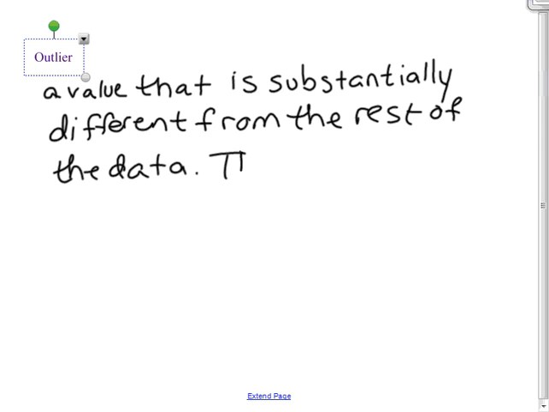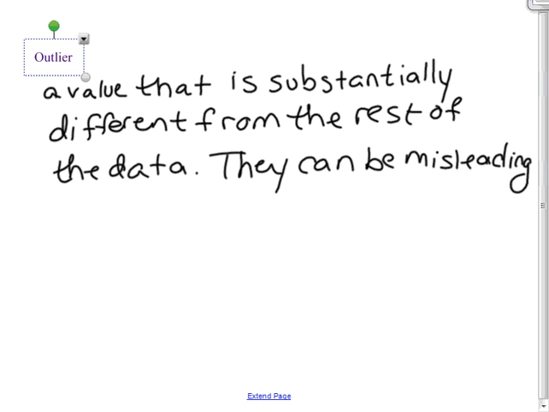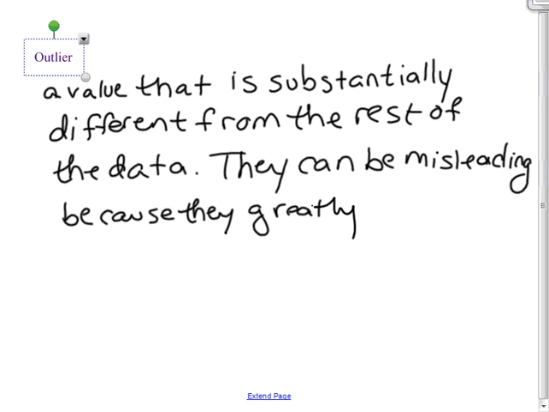They can be misleading, because they greatly affect measures of central tendency.